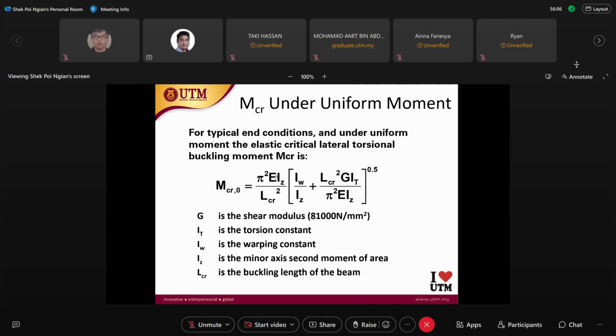So E and G are fixed values. And Iz, Iw, It come from the section property table. LCR depends on the unrestrained length of your beam. Using this, you can calculate your elastic critical moment.